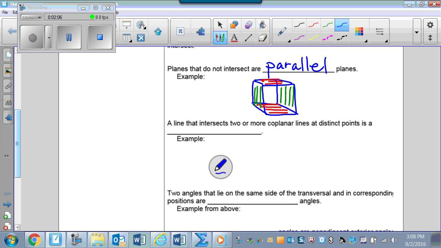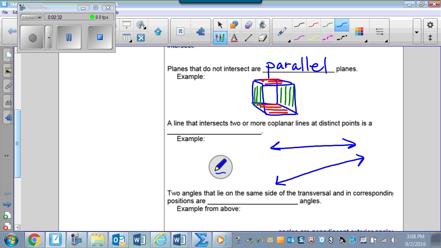So you can have parallel lines and parallel planes. What if we have a line that intersects two or more coplanar lines? So coplanar lines, they don't have to be parallel, these lines are just in the same plane. So let's just draw a couple of lines here. And as we said, they don't have to be parallel. So these two lines would eventually intersect if I kept going out there to the right.